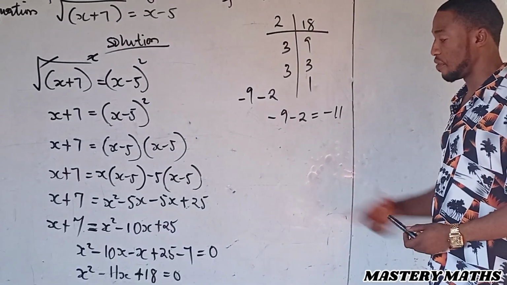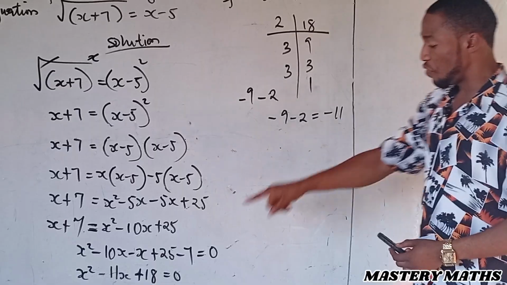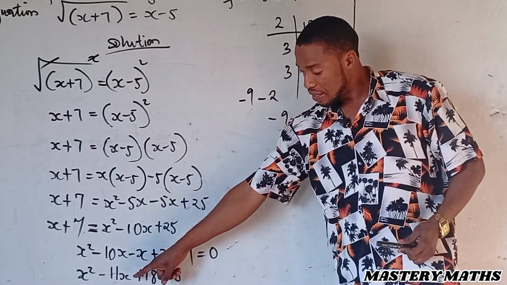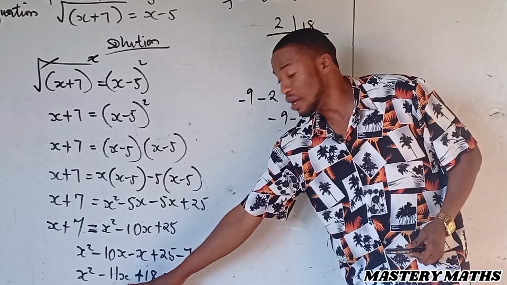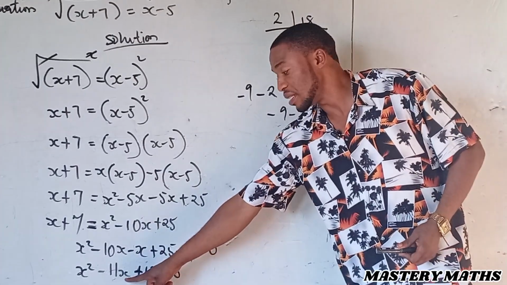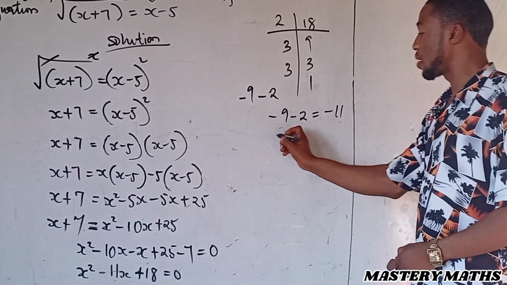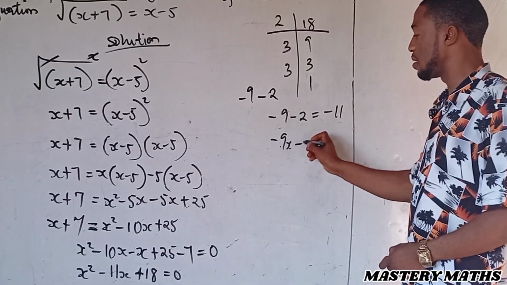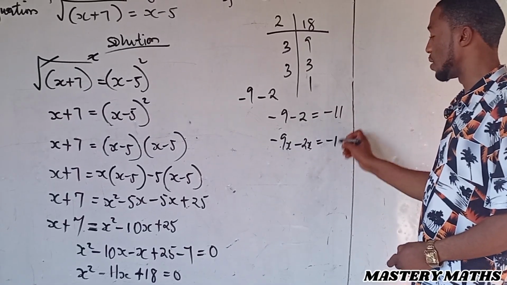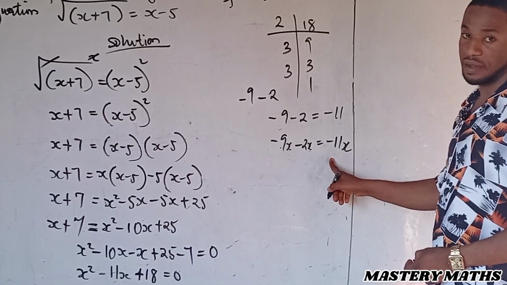So what should we do now? Having gotten this, if you look at that minus 11 there, the 11 has a variable attached to it, which is x. So what we do, we attach the same x to the factors. It will be minus 9x minus 2x, which give us minus 11x. Set it down, that's what we do.